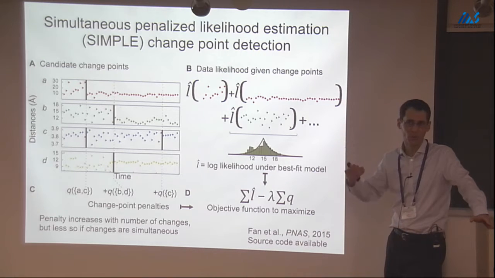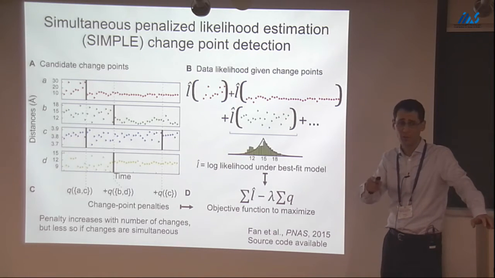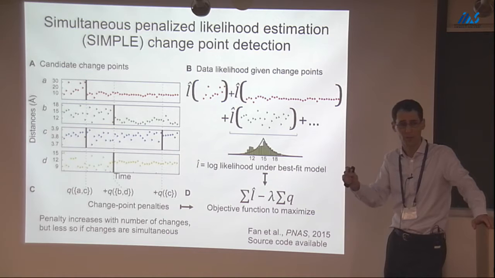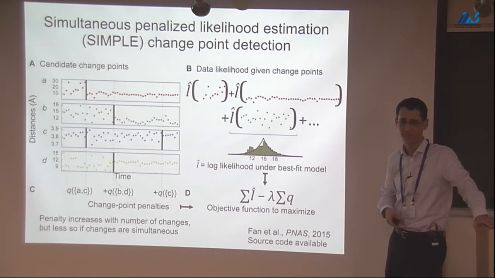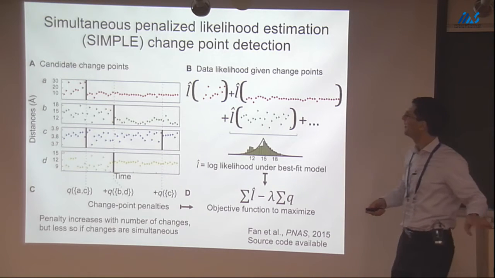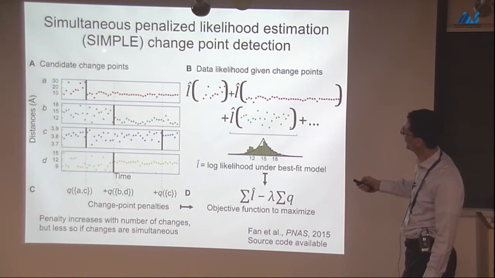But it's not going to work that well because there's limited information in each individual time series. And the conformational changes that you care about, even if they involve just a single residue, are going to affect more than one time series. So really, you want to focus on changes that affect more than one time series. So we call that simultaneous change point detection. And then we came up with a name so that we could call it the simple method.